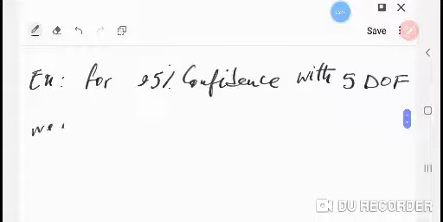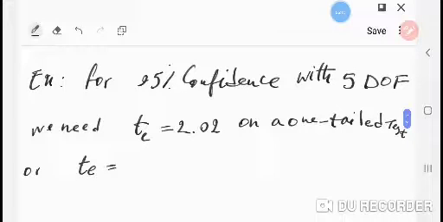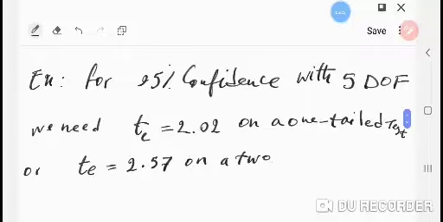We need t alpha equal to 0.02 on a one-tailed test, or t alpha equal to 0.75 on a two-tailed test.